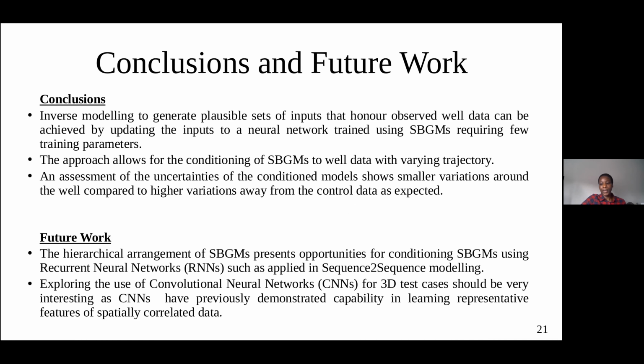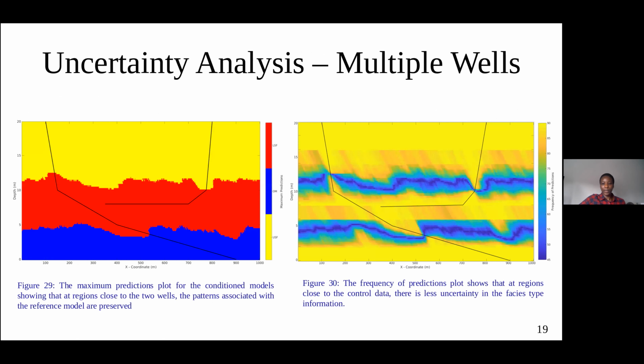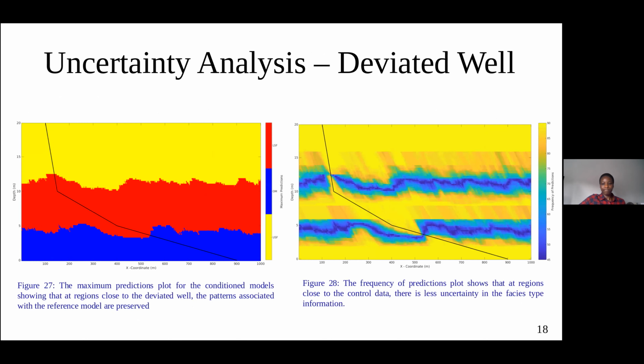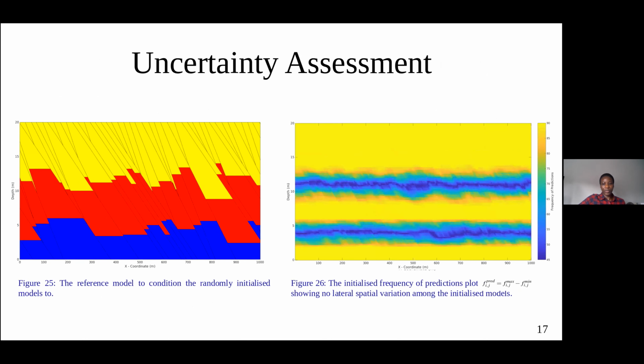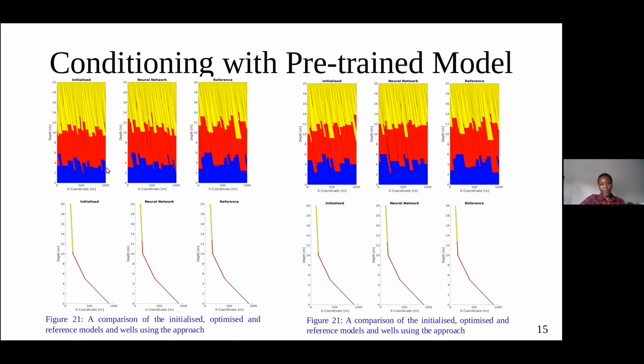So the models I showed earlier, if I can just go back, the models are generated, and as we can see, for example, in this figure, the models are actually some sort of sequential data that we can also use as time series data. It will be interesting to explore how we can use other networks such as recurrent neural networks to perform this sort of modeling and also the conditioning for this.